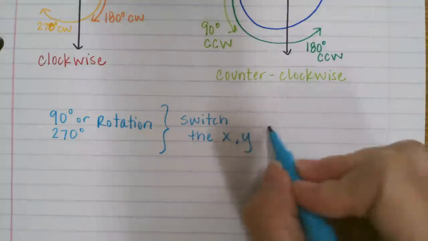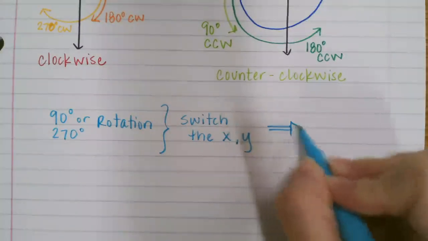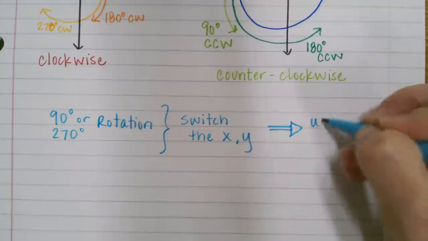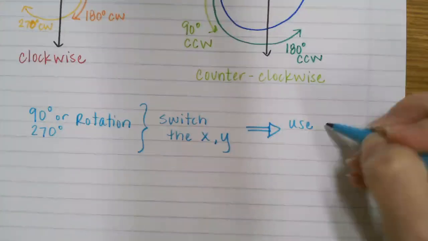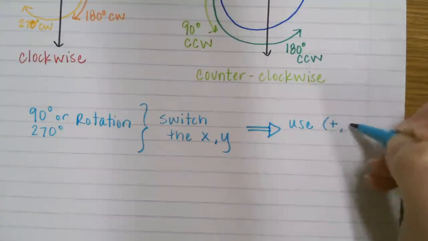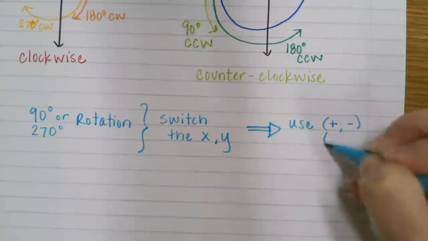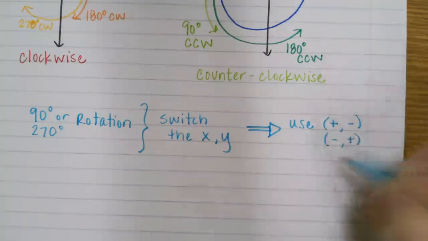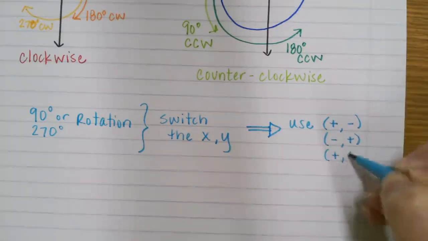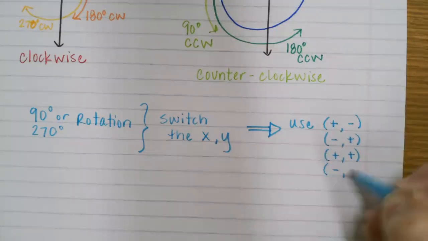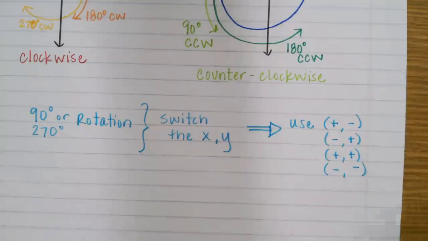So after we switch them, we're going to use the positive, negative, or negative, positive, or positive, positive, or negative, negative for the quadrant.